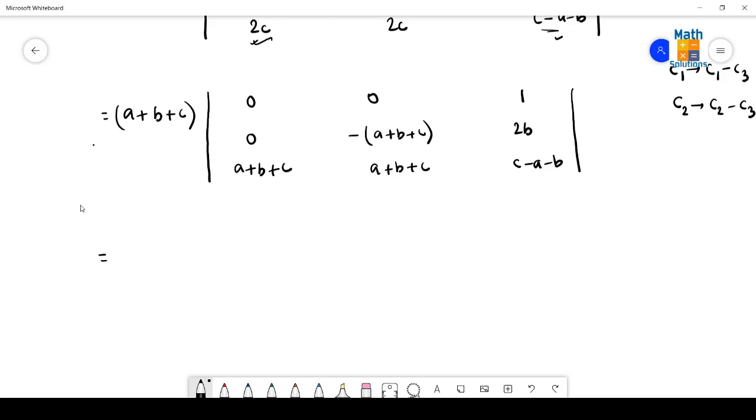So in total there are 3 A plus B plus C terms multiplied to each other outside the determinant. In total it will be A plus B plus C whole cube.